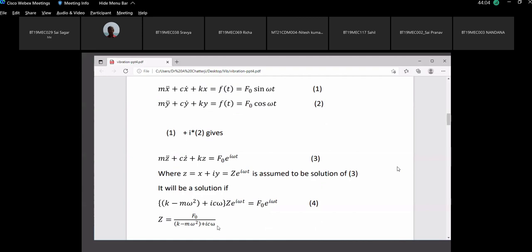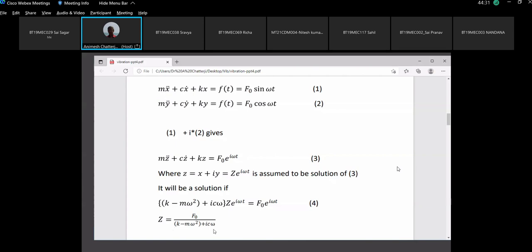Now this is a complex number. Any complex number can be written as its magnitude and its angle. That is, we call it phasor form or polar form that you have seen in first year electrical engineering. So this Z can be written as modulus of Z into e to the power minus i phi. Why minus here?